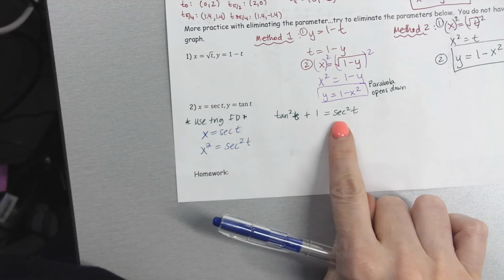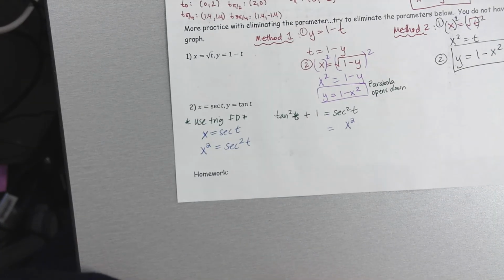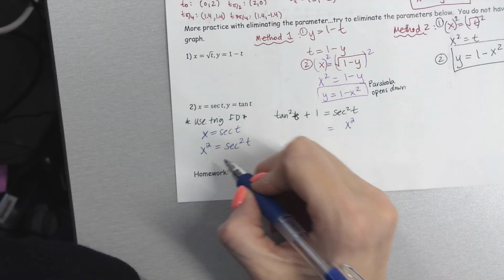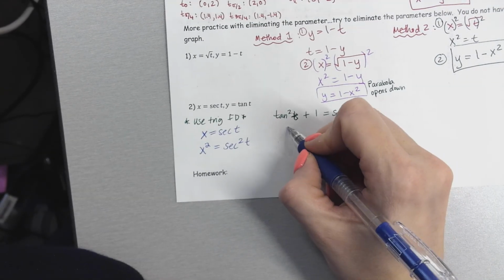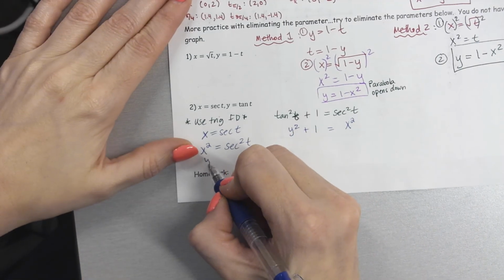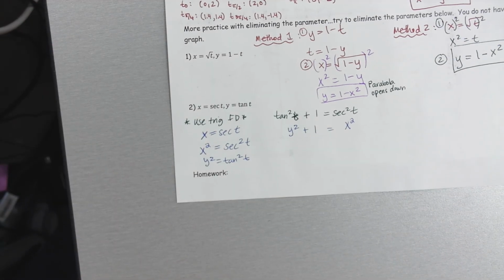So in place of secant squared, we're going to place x squared. What are we going to plug in for tangent squared? y squared.